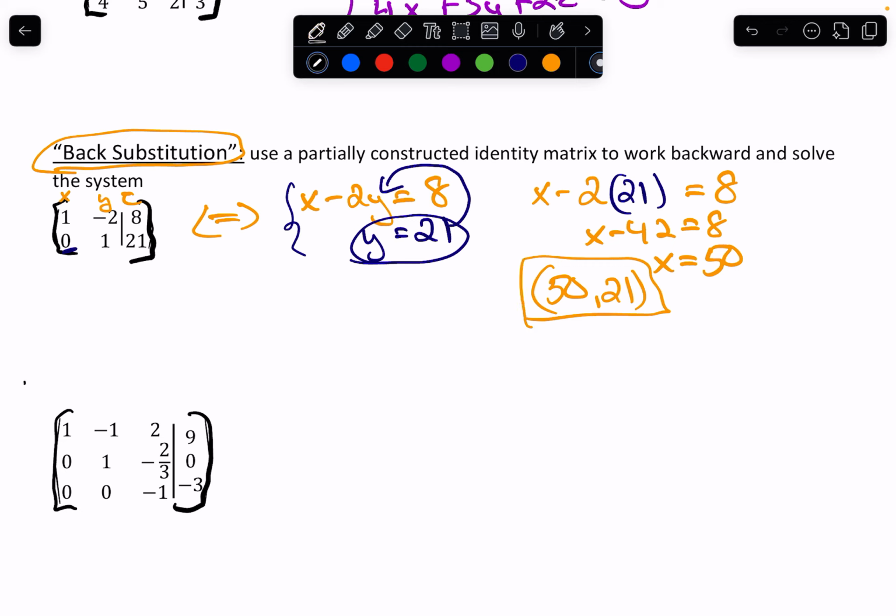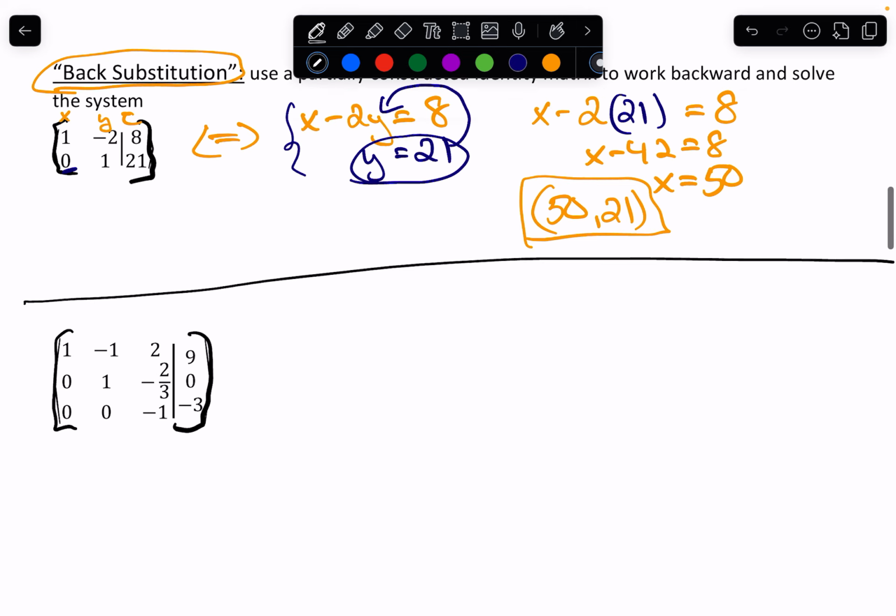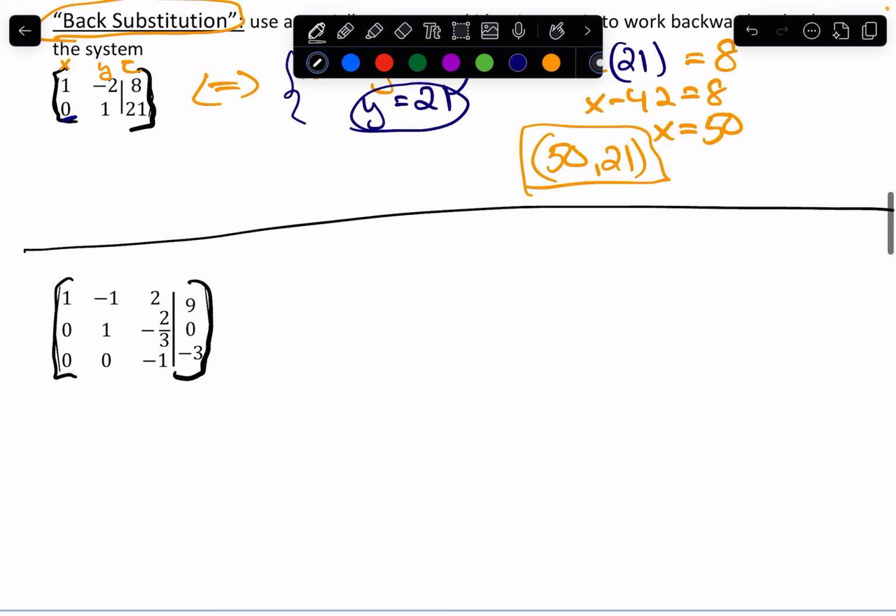Okay, let's look at this next one. Well, that was a straight line. Okay, so again, we've got x, y, and z because we have the 3 columns plus the augmented column. So let's look at writing these as equations. We're going to start with row 1, x minus y plus 2z equals 9.